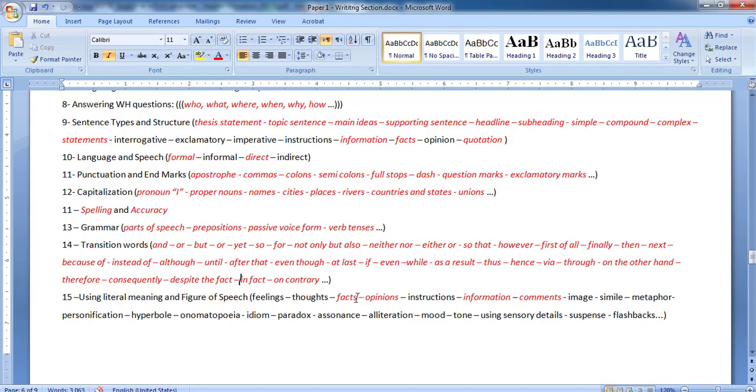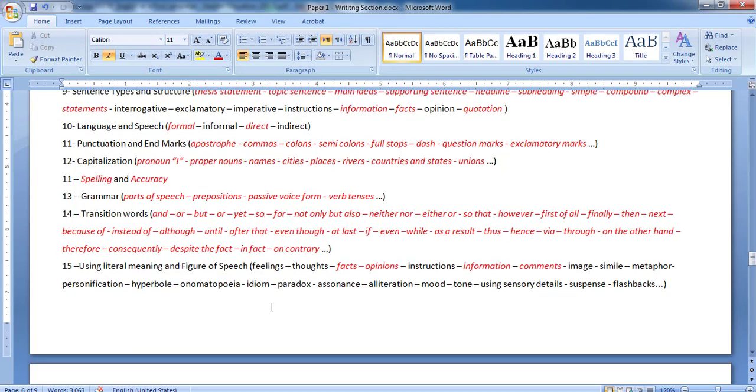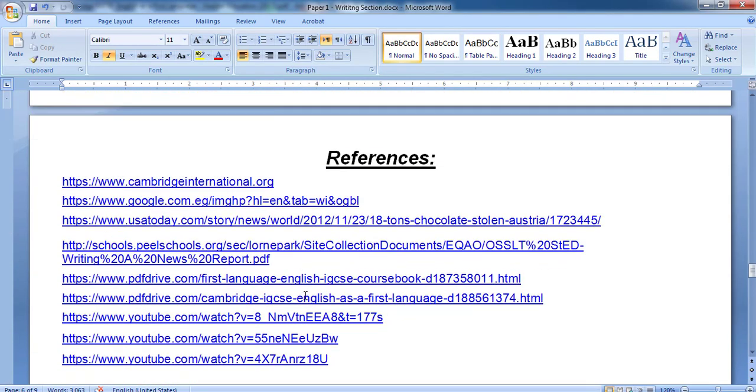Using literal meaning or figurative speech. Figures of speech, there is no need because you are writing an informative text and specifically you are writing a newspaper report. Facts and opinions. Opinions in quotation, facts, information, and comments, okay?